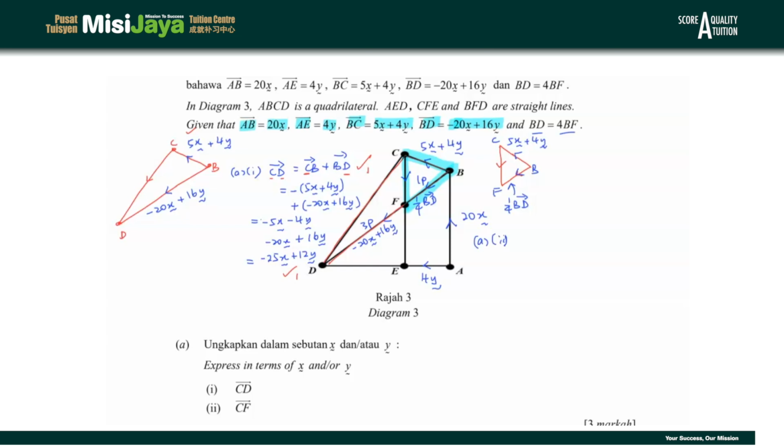For CF, I can use CB, which is opposite direction, and then plus BF, which is the same direction. CB is negative 5x minus 4y, and BF is a quarter of BD.